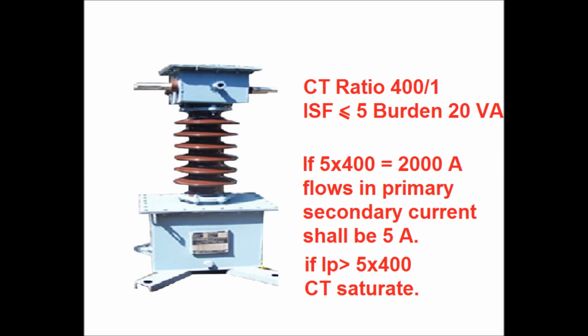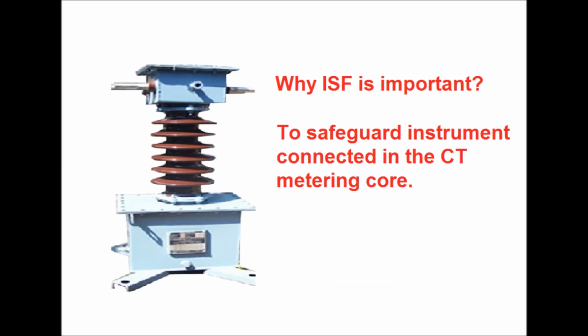So what is the purpose of this instrument safety factor? Why is ISF an important parameter for metering class CT? In case of metering class CT, in the CT secondary side, normally metering instruments like ammeter, wattmeter, megawatt meter are connected.